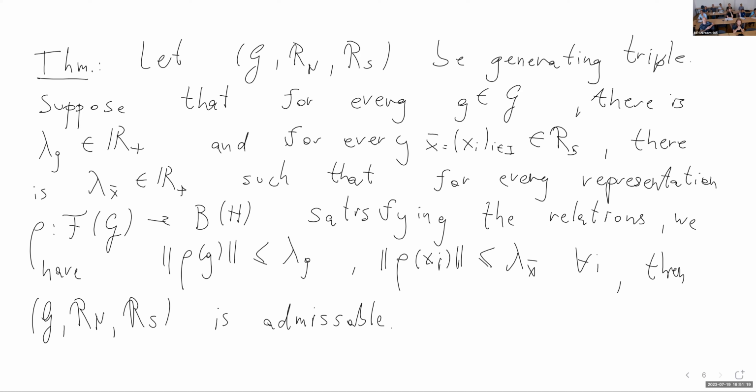Or more interestingly, let's say you have a relation that says that an element is a projection. So we know that every projection on a Hilbert space has a norm bounded by 1. So we have this generator being bounded by 1. And so there is an algebra generated by one projection.